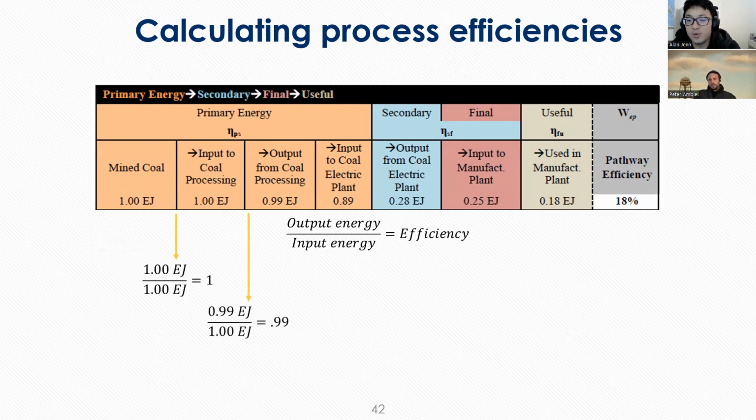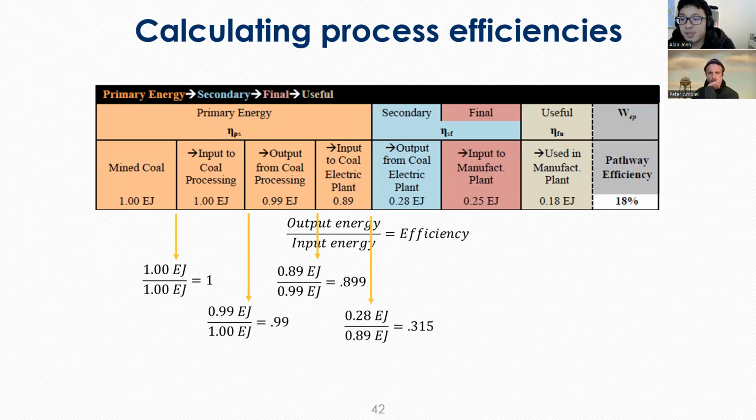To calculate the efficiency of any individual process, I could just apply this equation. So 0.99 divided by 1: this process is 99% efficient. 0.89 divided by 0.99 is about 90% efficient. The step where we lose the most electricity is only about 30% efficient.